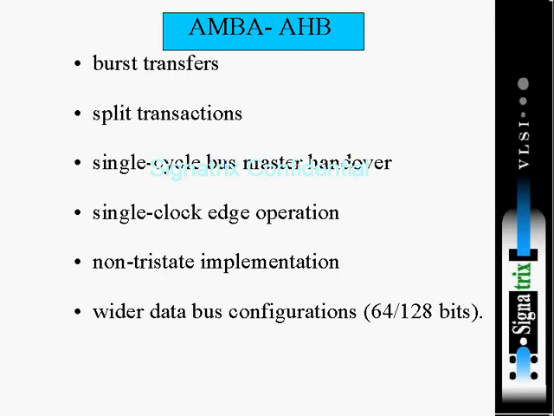Now the arbiter has to give priority to second master. Now second master will take control over that bus and it will do its transaction. Okay, so here between this bus master M1 to M2, what is the time? That is nothing but single clock cycle.